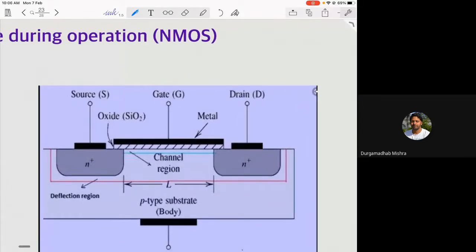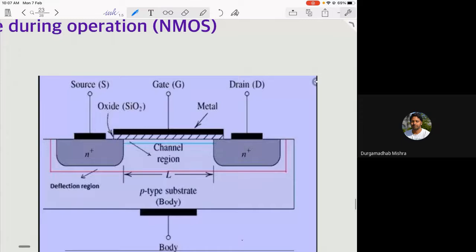I will show you later how the circuit diagram looks, and then we will see the characteristic behavior of this transistor. You have again a source S and drain D, and you need to apply a voltage to the gate, because we want a current from source to drain.